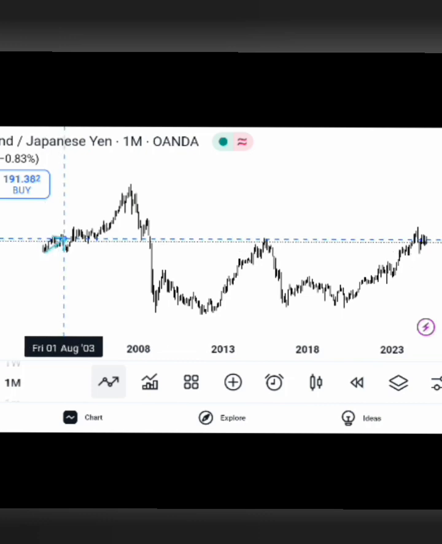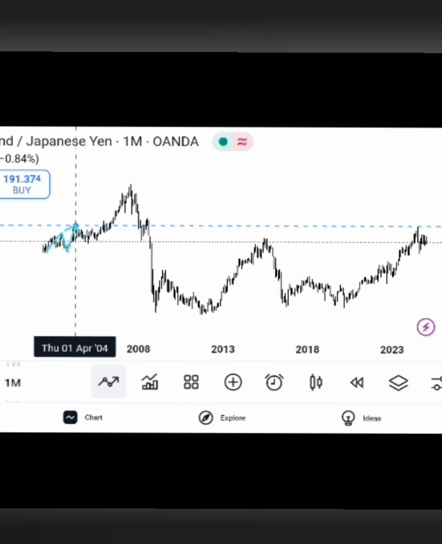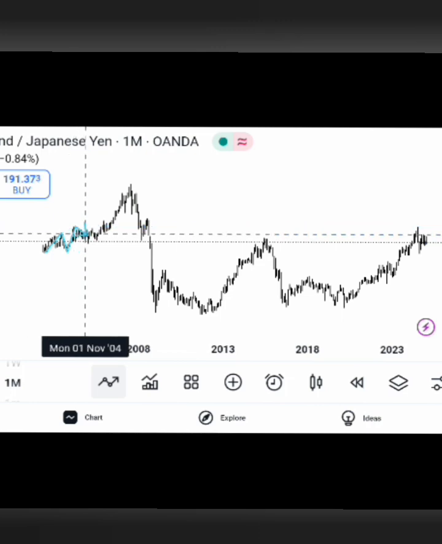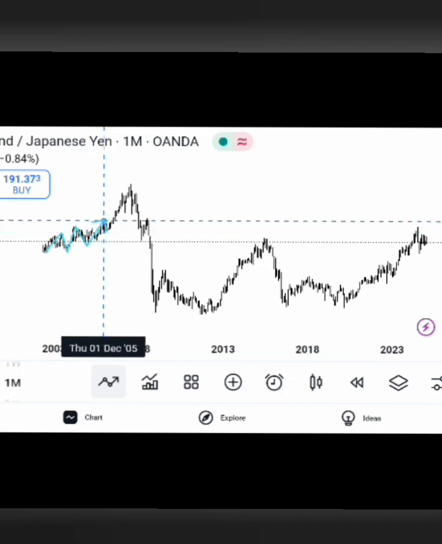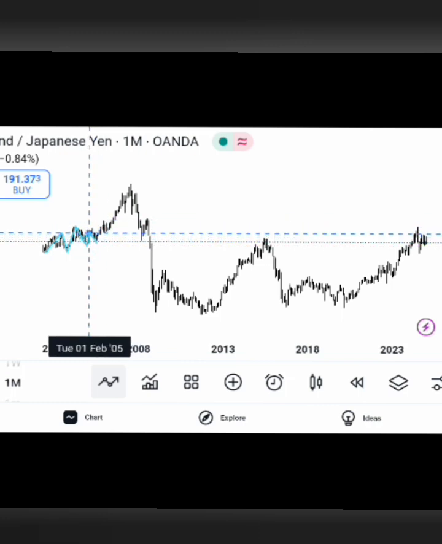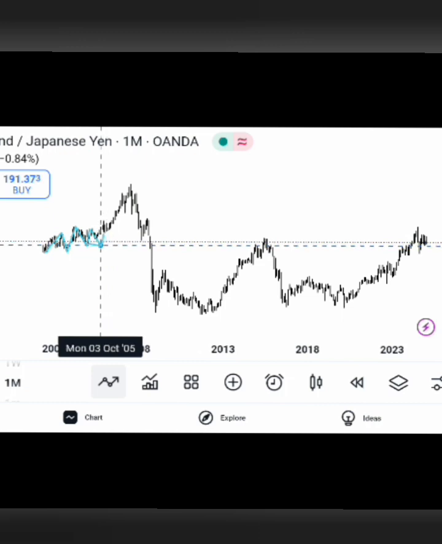It did go higher here, it pulled back, all right, then it went up again, then pulled back, isn't it? It went up like this, pulled back, giving you that W pattern.